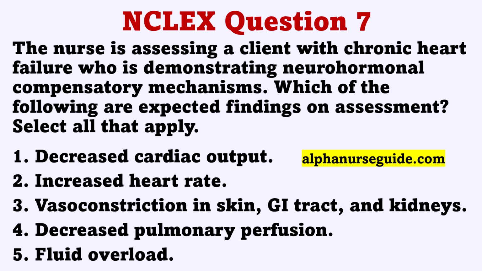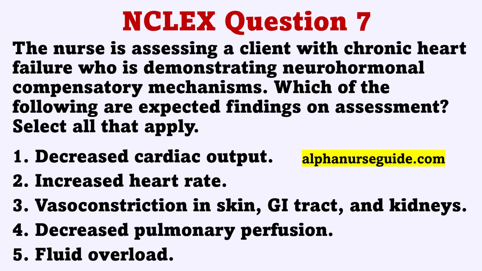The correct answers are 1, 2, 3, and 5. Heart failure can be a result of several cardiovascular conditions, which will affect the heart's ability to pump effectively. The body attempts to compensate through several neurohormonal mechanisms. Decreased cardiac output stimulates the aortic and carotid baroreceptors, which activates the sympathetic nervous system to release norepinephrine and epinephrine.